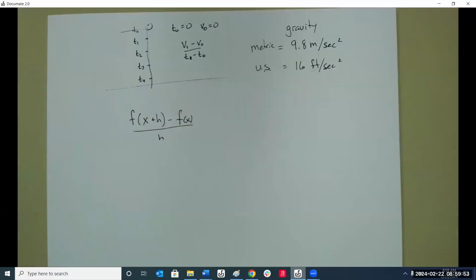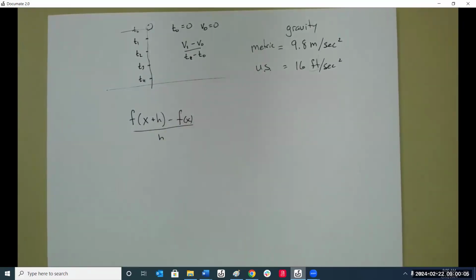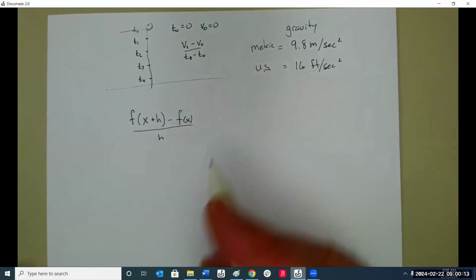And we're going to look at the limit if we want to, because that will be telling us slope. But we're looking at the average rate. How far is it falling over so much time? So now we have to figure out what these mean.